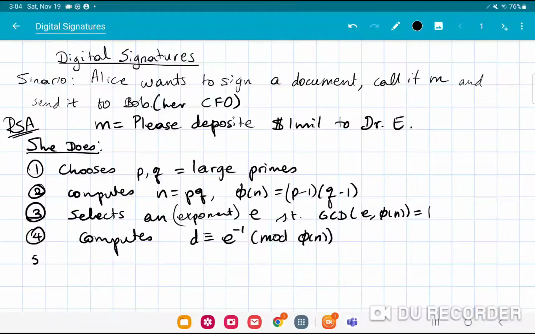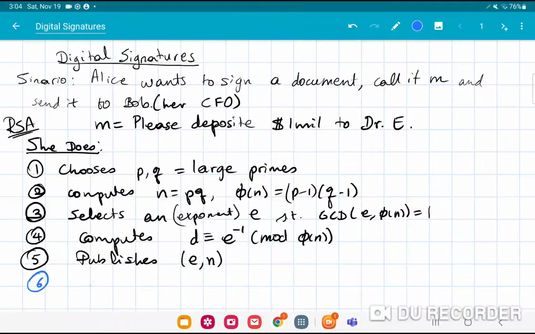Now she's going to publish n and e, the public exponent, and the number n. So that's just out for the public, so everybody can see that. Okay, now to sign the message M, this is what she's going to do.